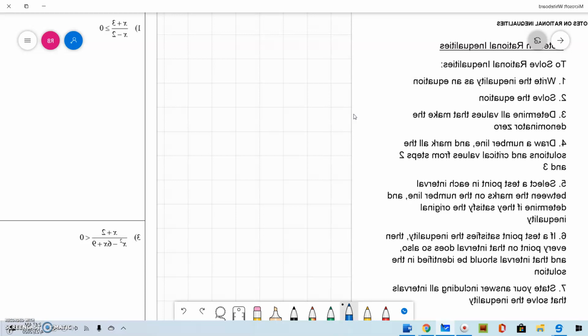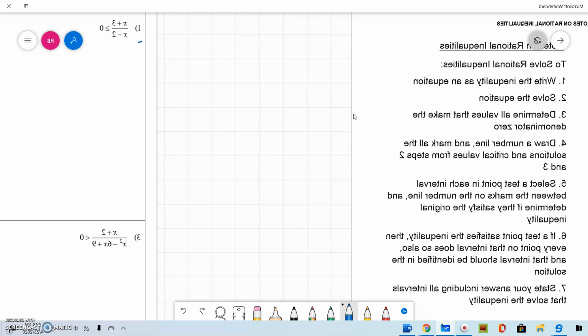So we've seen this kind of inequalities where we have to draw a number line. And this one isn't all that different because every time you are dealing with inequalities other than the linear inequalities, you will have to draw a number line and check if it makes sense, okay? Alright, so the first step is solving the equation.